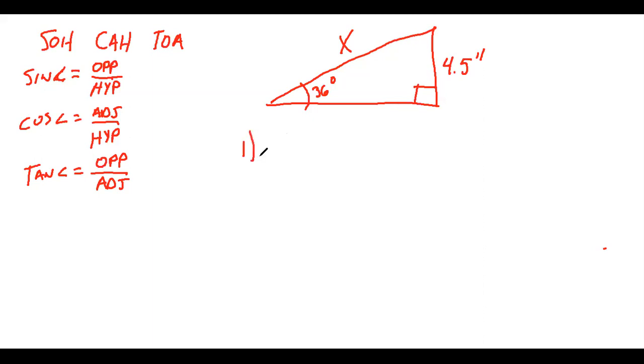Step one is always to find which trig function you need. In this case, and in every case, you're going to be given two things and you need to find a third. So whether you're given two sides and you need to find the angle, or you're given a side and an angle and you need to find the other side, you're given two things and you have to find the third.